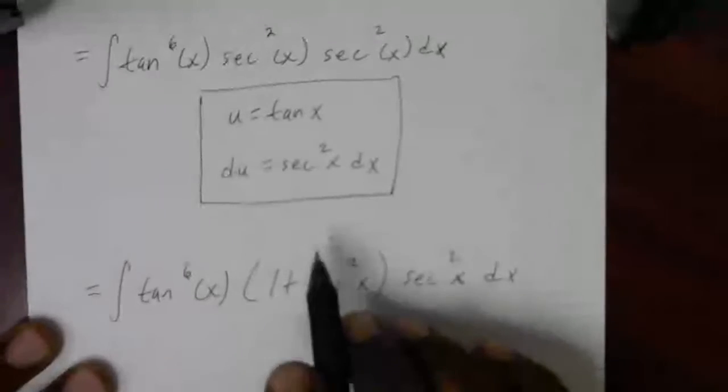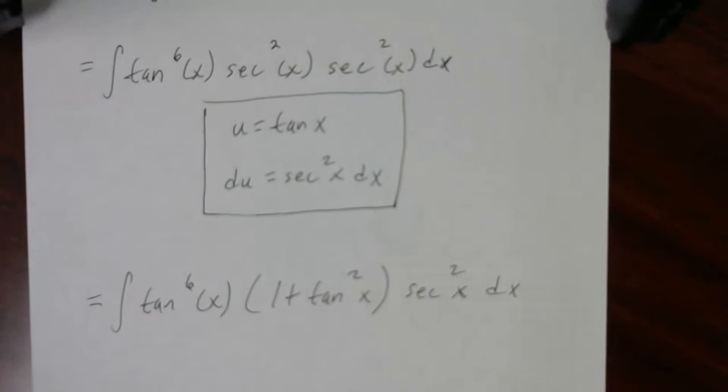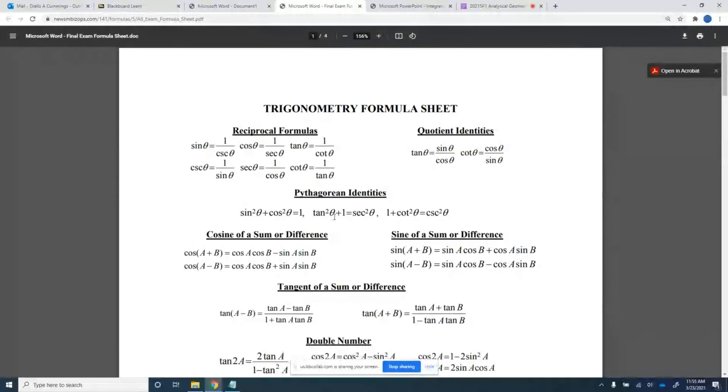Now, I'm going to go back to the desktop for just a second. And if we look at this Pythagorean identity, secant squared theta is equal to tangent squared theta plus 1, or 1 plus tangent squared theta.